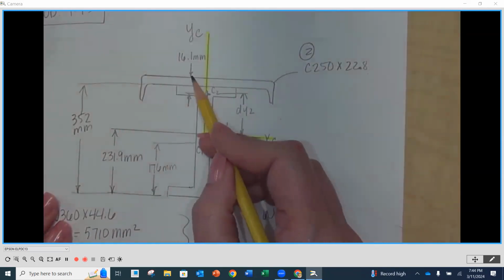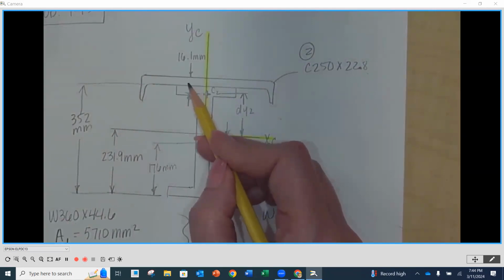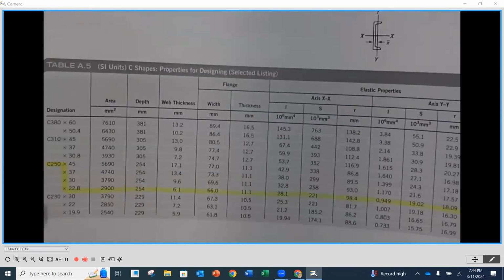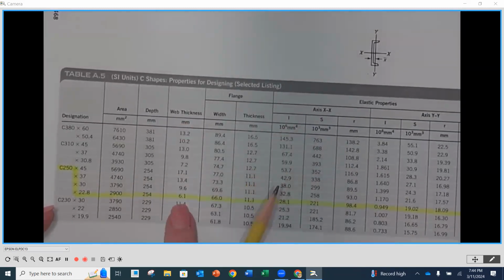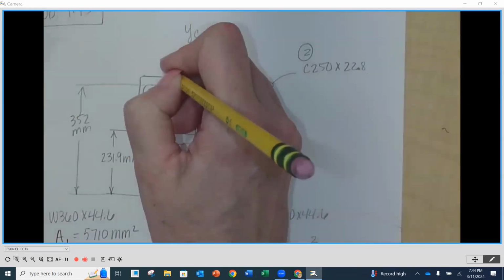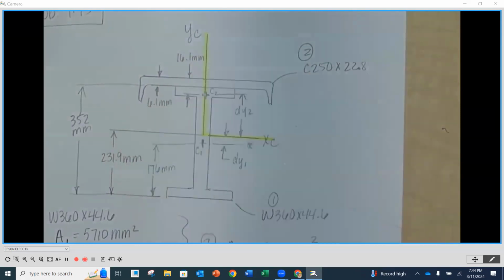We know that from the very top of it down to its centroid, it's right here, but we need to know what this thickness is, right? And if you recall from when we did the centroid stuff, that's web thickness. Okay, web thickness. So web thickness is 6.1 millimeters. So this distance, I'll go on this side, 6.1 millimeters. Okay.